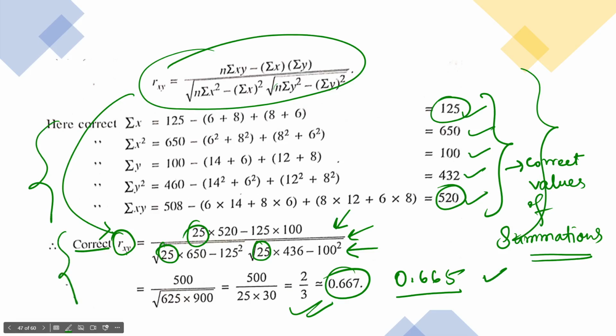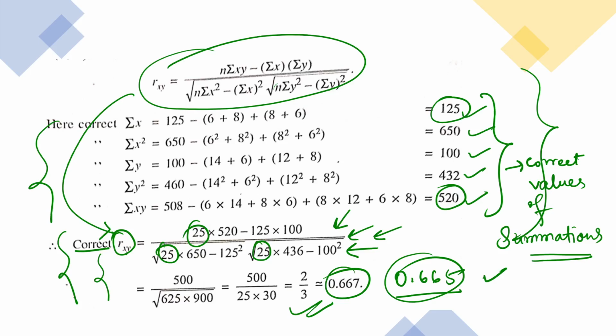Okay, this question is not given to check your calculation, but to check your concept regarding this type of scenario. So you have to calculate at your level best and at least come to 0.665. I think you will get the full marks. Okay, there will be no problem.